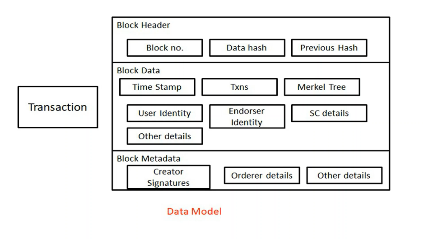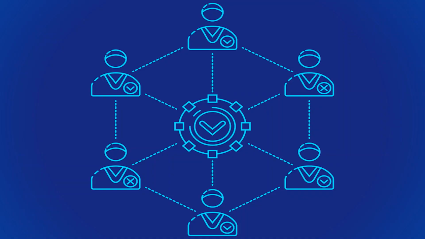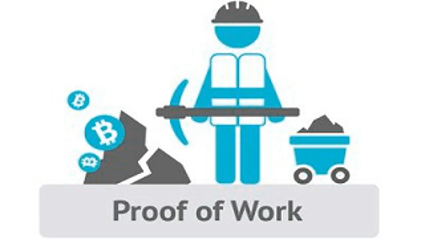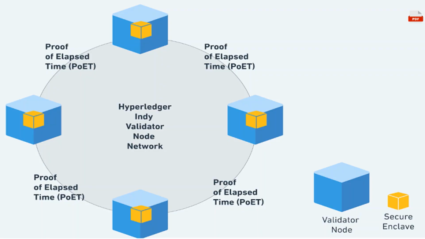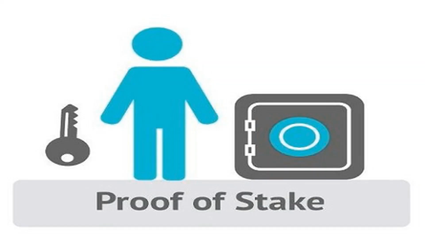Every blockchain DLT uses a different protocol for consensus management. That is proof of work, proof of elapsed time, proof of stake, etc. The selection is based on business applications.